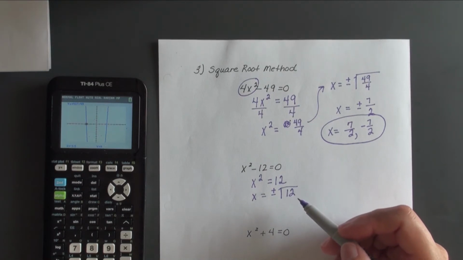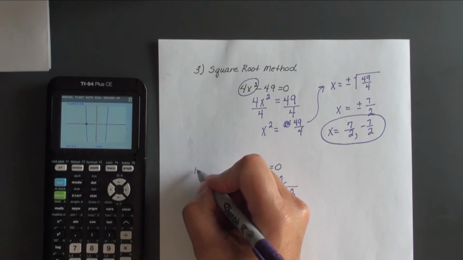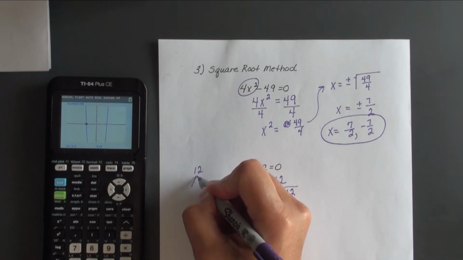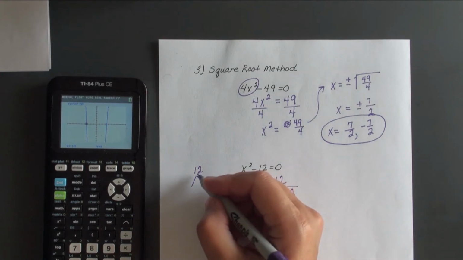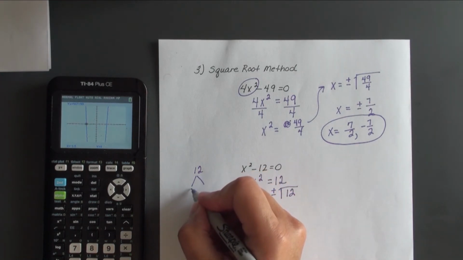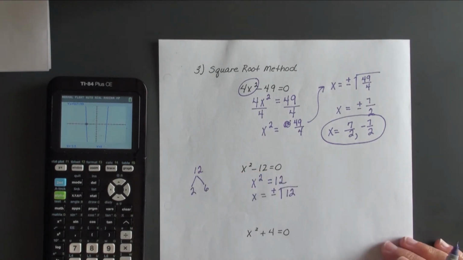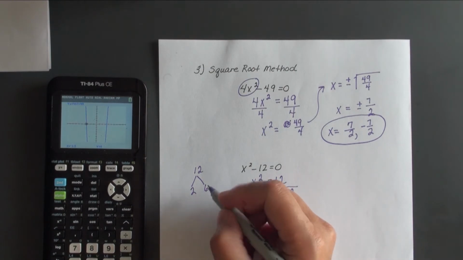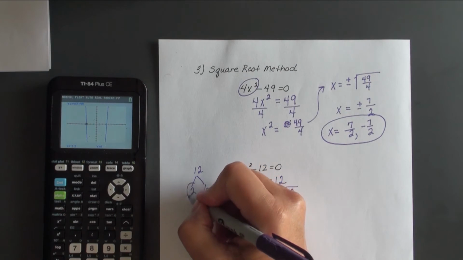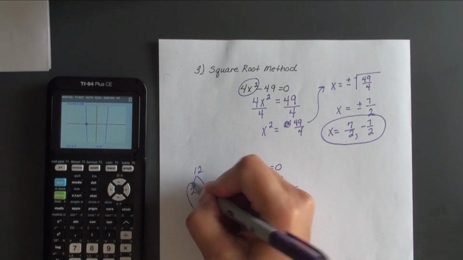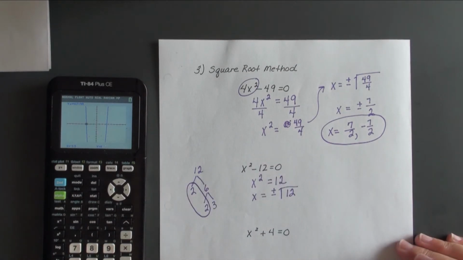If you're not very familiar with simplifying square roots, the easiest thing you can do is make up a little factor tree. 12 is 2 times 6. 6 is 2 times 3. And if we can circle every pair of factors that ends up at the bottom of the tree, then we can simplify this radical.